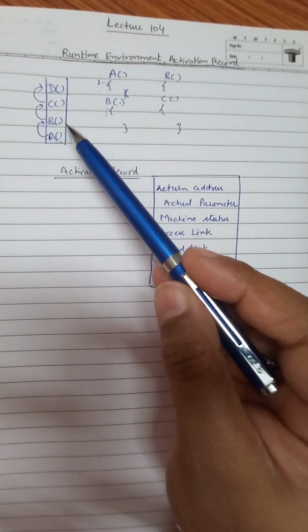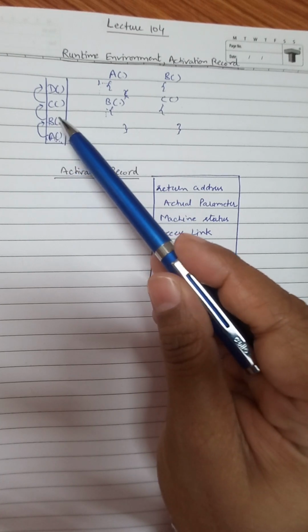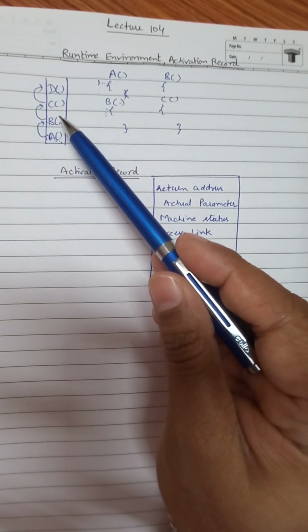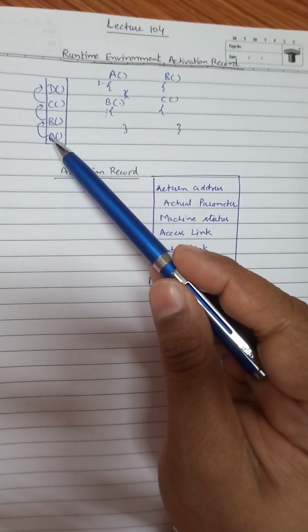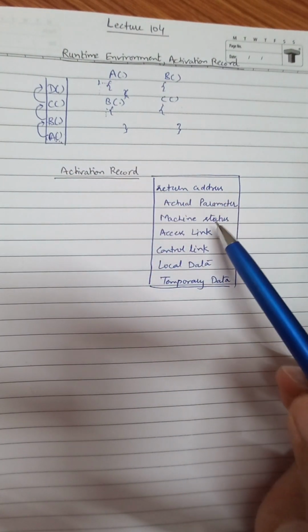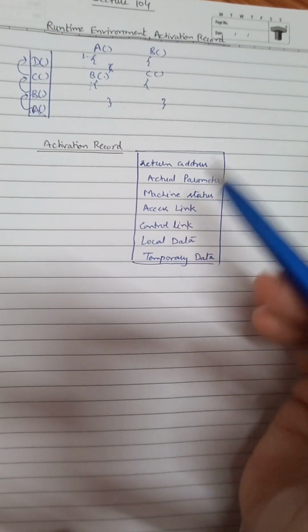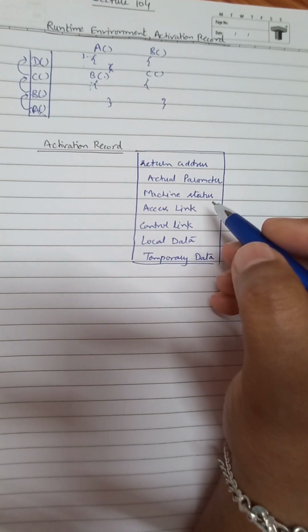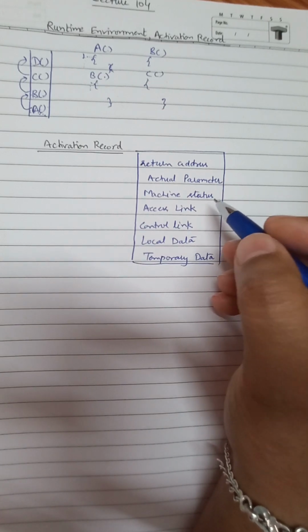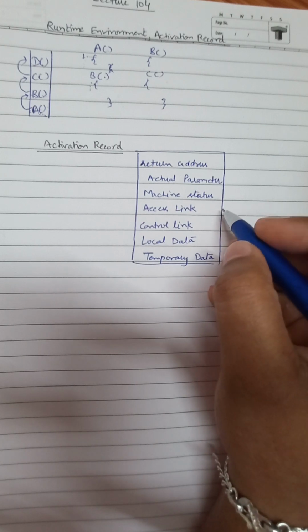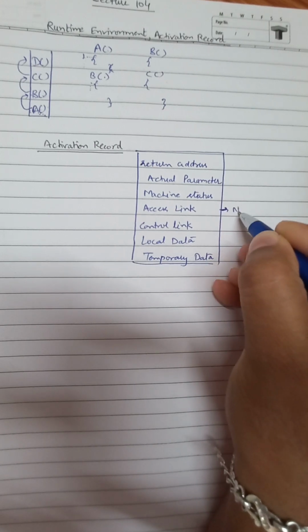Return address: whenever function A is calling function B and function B completes its work, it will return back to function A. So that is the return address. Actual parameter, whatever variables we are using. Machine status is whether it is dead or working, and how many resources it is using. Access link, we can say non-local data.